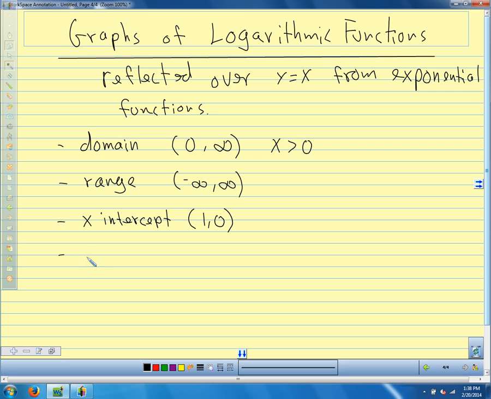Our horizontal asymptote becomes a vertical asymptote. So our y-axis is a vertical asymptote.